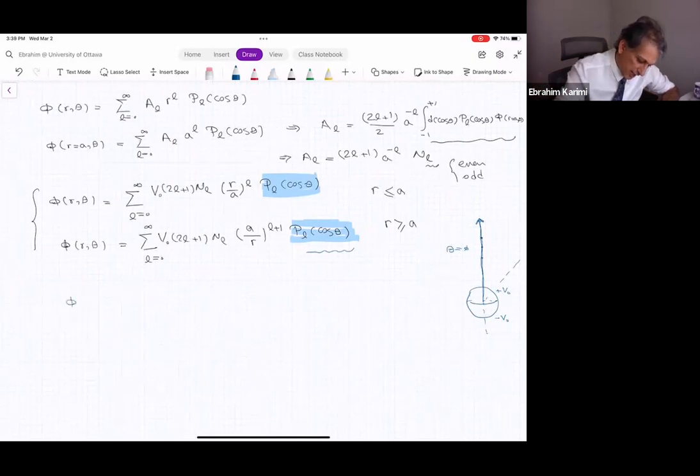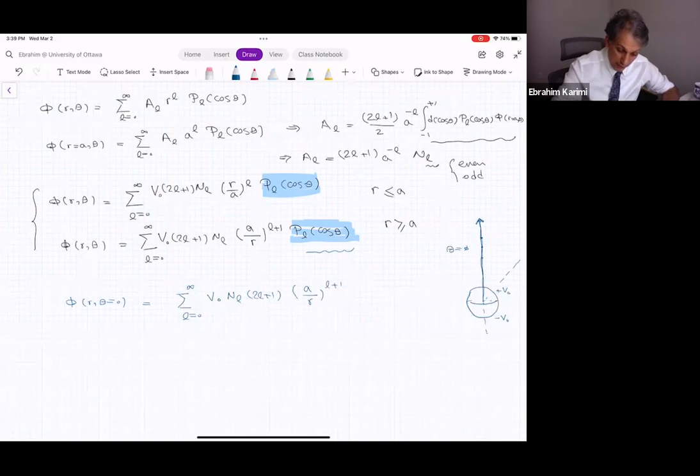Then phi at r and theta equal to 0 will be given by the summation from L equal to 0 to infinity of V0 times the coefficient of L to L plus 1, times A divided by R to the power of L plus 1.